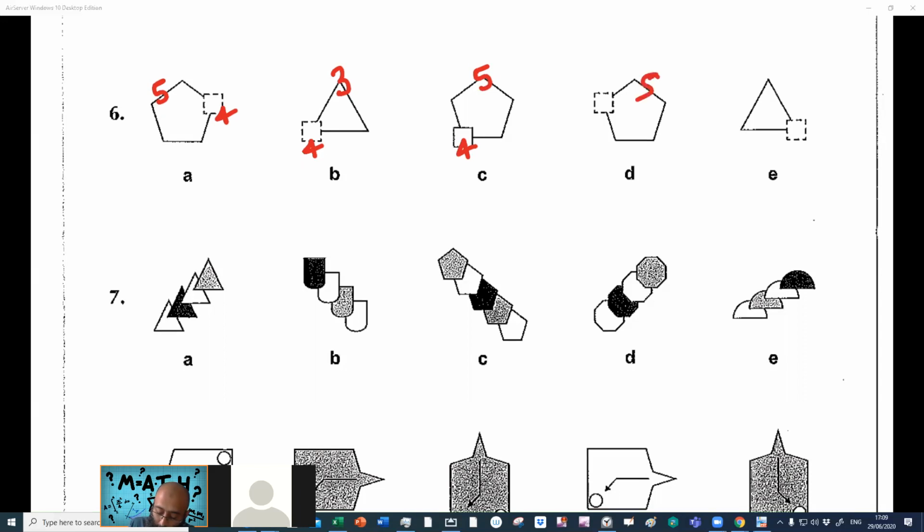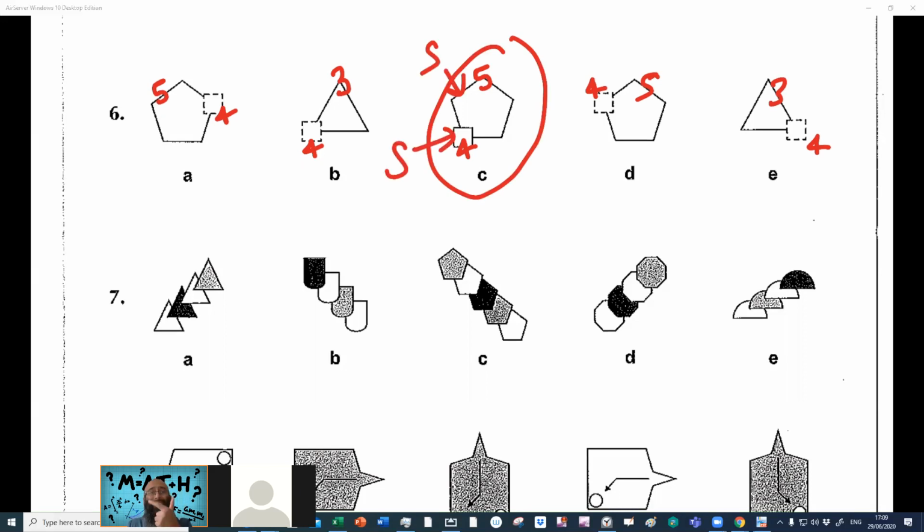So we have 5 and 4, and we have 3 and 4, but we must have one dotted shape in each one. So for question number 6, it has to be C, because you have solid twice, and all those have solid and single, non-dotted.